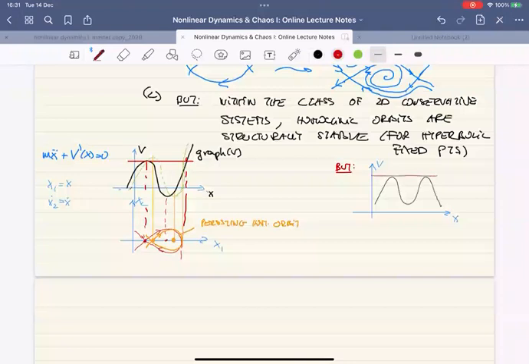So they have to be on the same energy level, which is not the case here, but something like that, right?